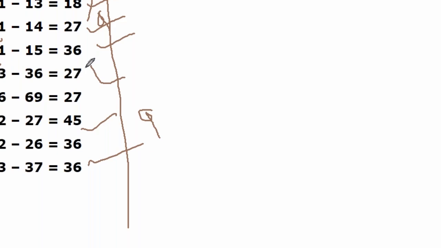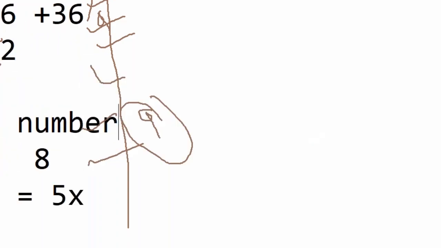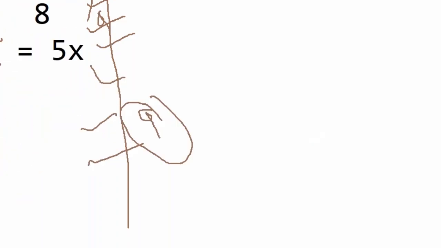So what did you understand from this? xy minus yx is always divisible by 9. So from the exam point of view, whenever they give xy minus yx is equal to 36, please concentrate, this must be divisible by 9.